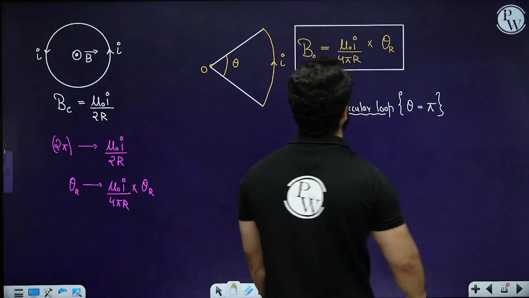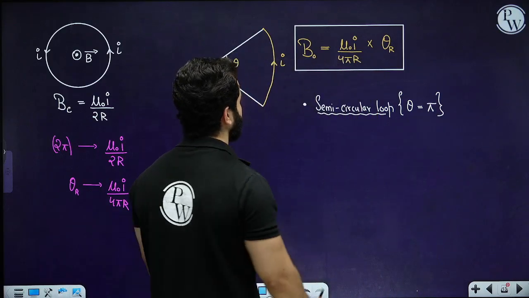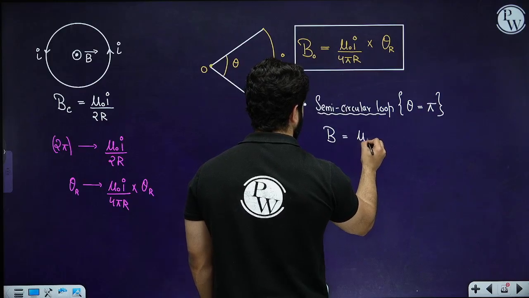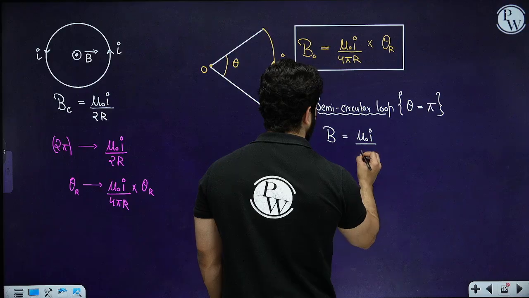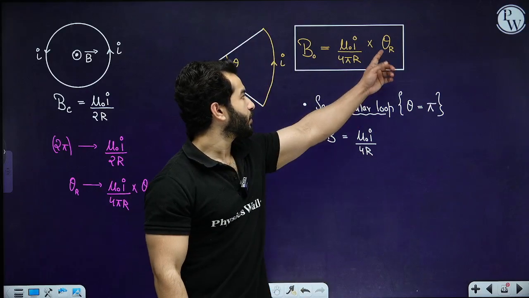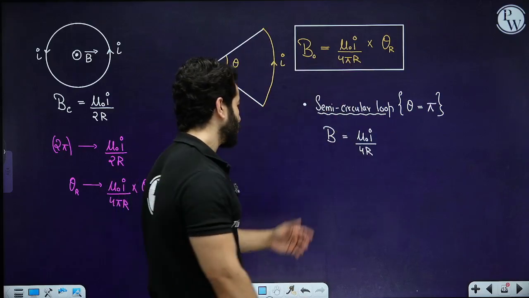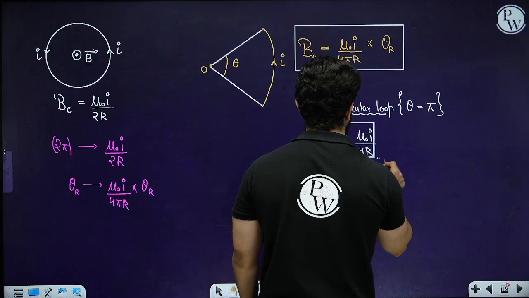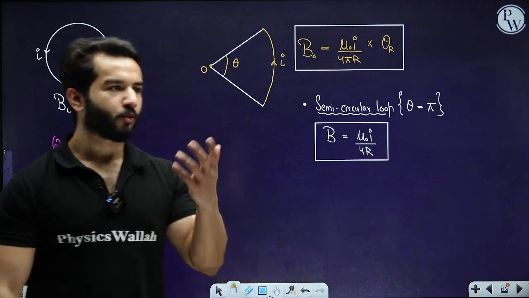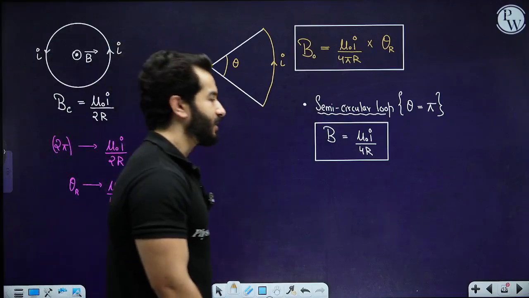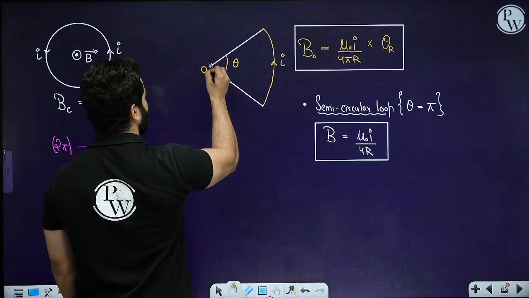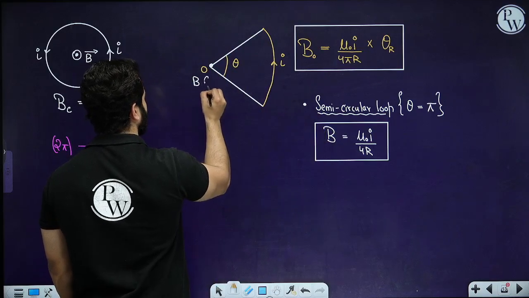So if theta is pi, the magnetic field at center would be simply mu naught I upon 4r. That's it, because pi will get cancelled, and this is going to be half of the magnetic field due to a complete loop. If you have got a quarter circle, write pi by 4. If you have got anything other than that, write that angle. That's it. Direction will be found by simply over here also the direction of magnetic field will be dot.